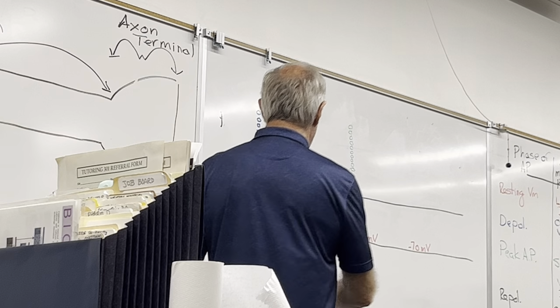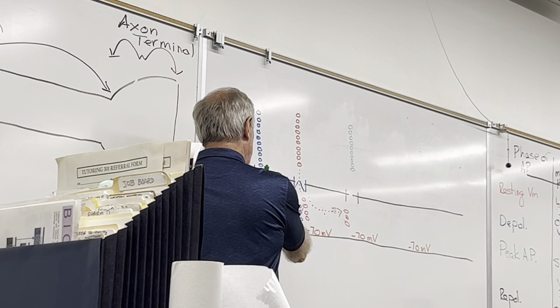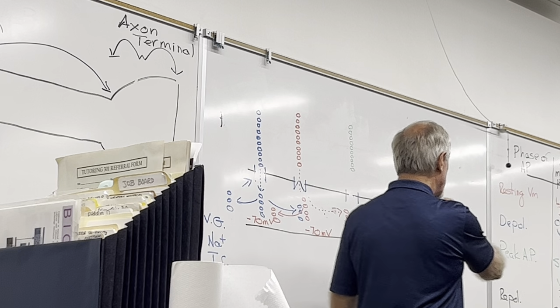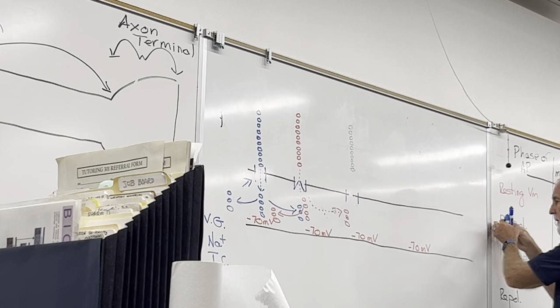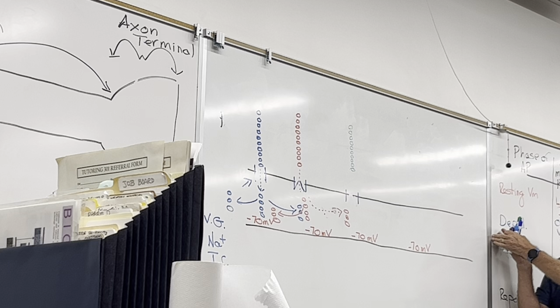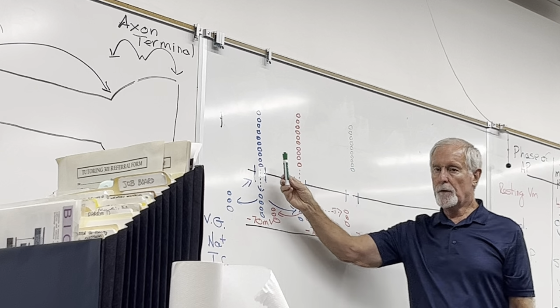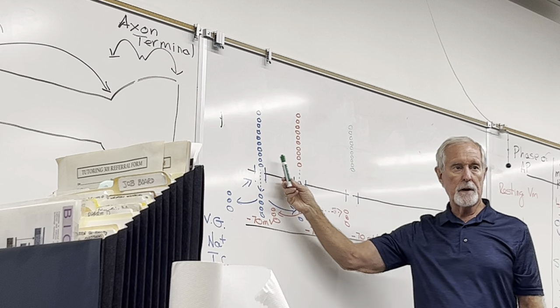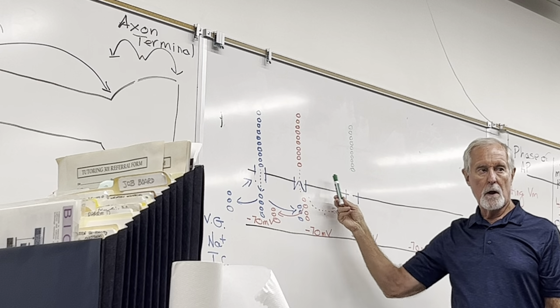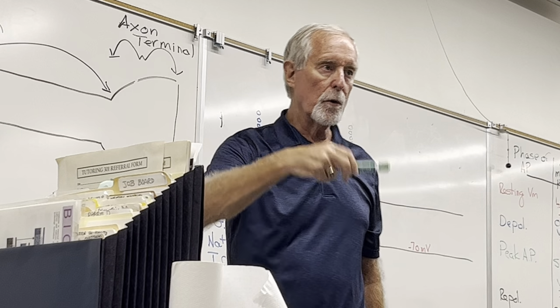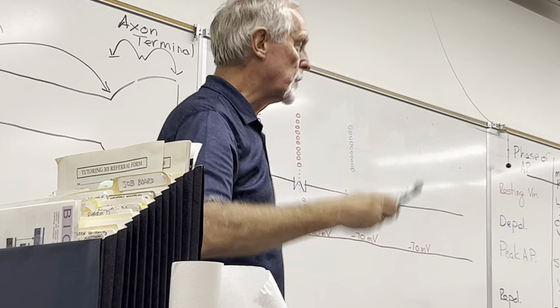So the point is, an action potential here is not going to magically cause voltage gated sodium ion channels over here to open up. Rather, what we have to do is spread the action potential down along the length of the axon and propagate it, make it new. We have to make the action potential new.